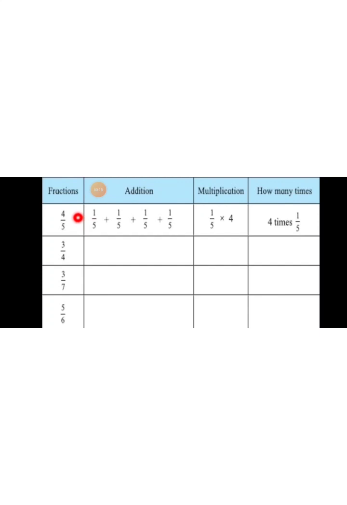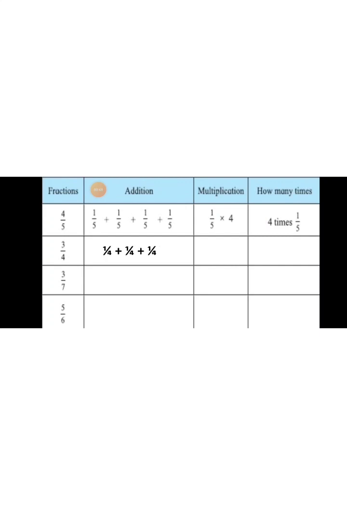So each part is 1 by 5, that is 1 by 5 plus 1 by 5 plus 1 by 5 plus 1 by 5. How many times did we take 1 upon 5? We have taken 4 times. So here it is shown 1 by 5, 4 times. So 4 times 1 upon 5.